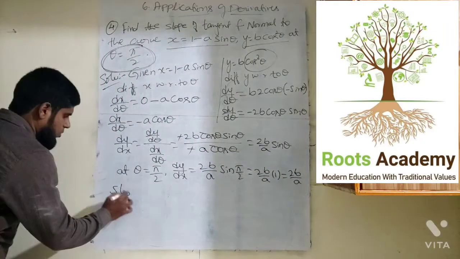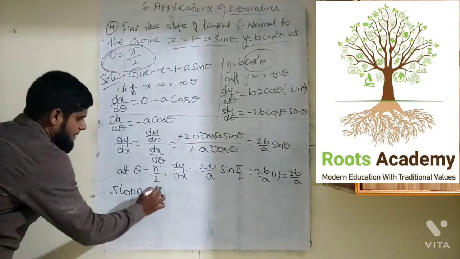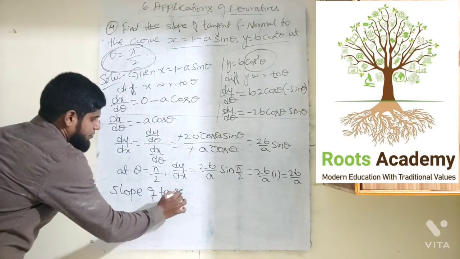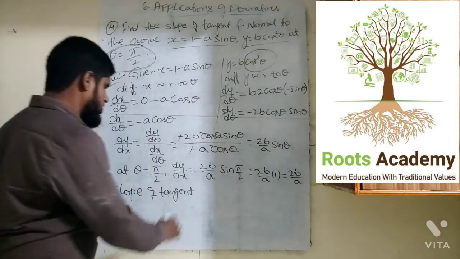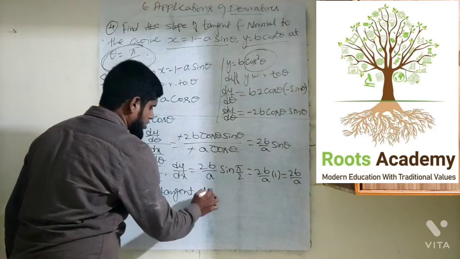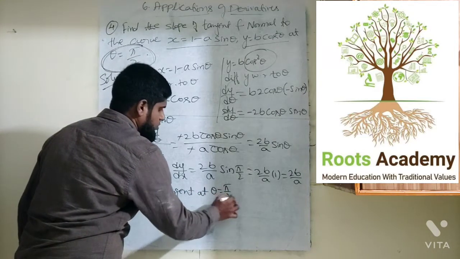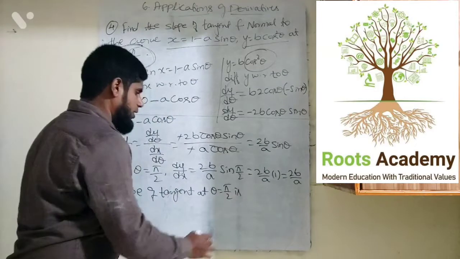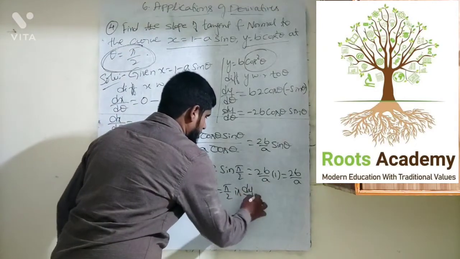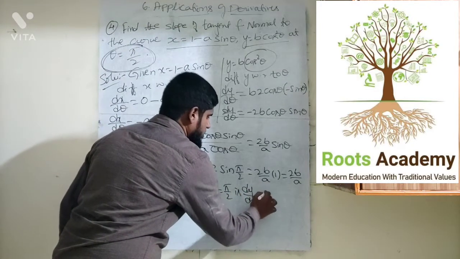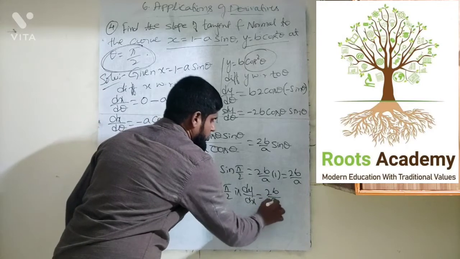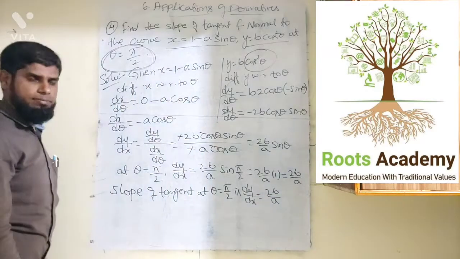So the slope of tangent at theta is equals to pi by 2 is dy by dx is equals to 2b by a.